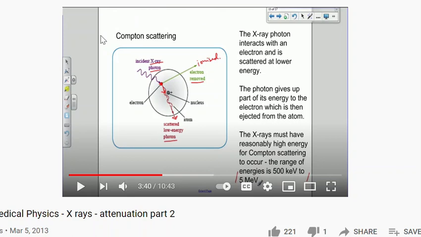Are you going to create photoelectric also? Yeah, as a matter of fact, as you increase your kVp, you get an increase in photoelectric. Just the overall number of photoelectrically absorbed photons increases. But what we get is a substantially higher rate of Compton.